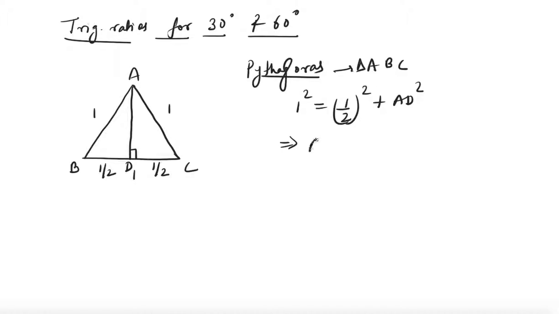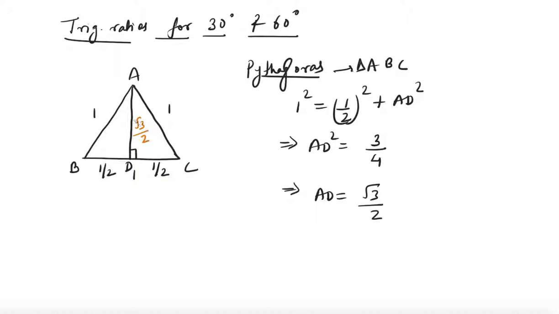From here AD square is equal to 3 by 4, which implies AD is equal to root 3 by 2. So now I have all the dimensions of this triangle. I know the length of AB, BD, and AD.